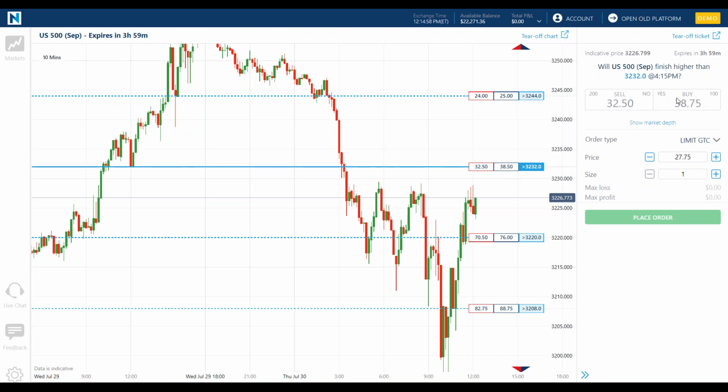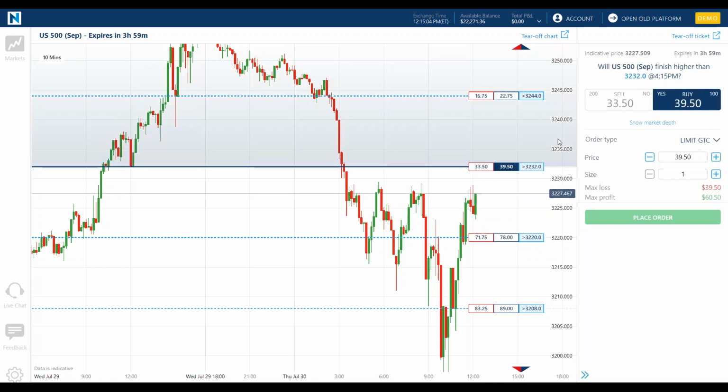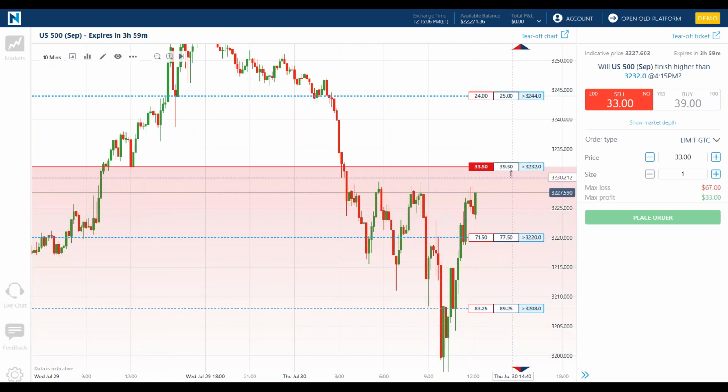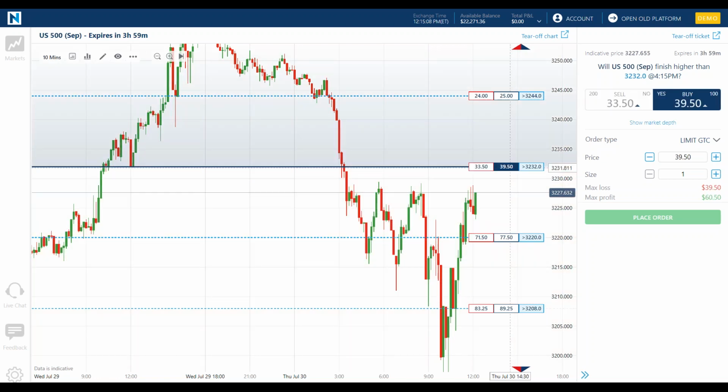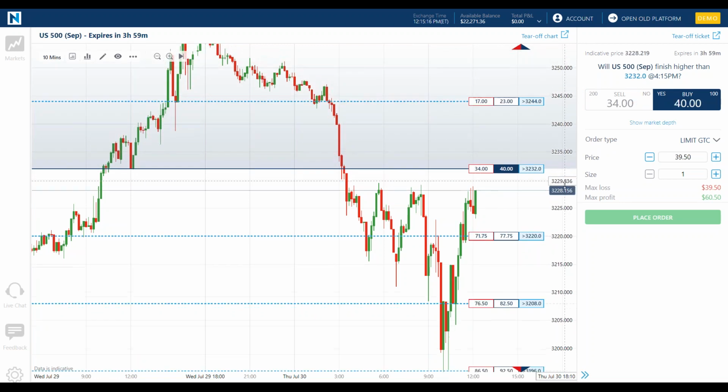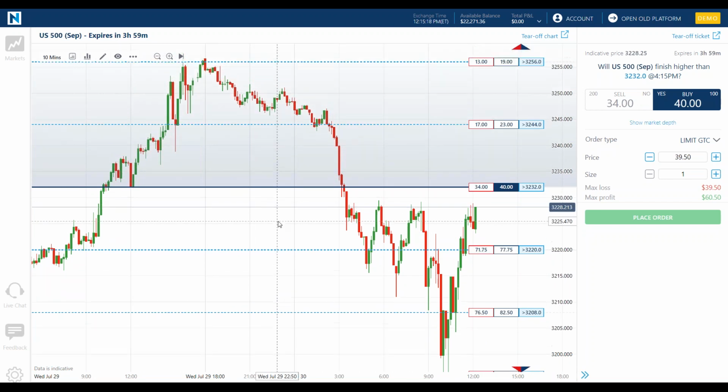If I thought yes, it's going to be higher, I can either click buy here, or let's say I click sell, I could even click buy here on the chart itself. So I can click buy or sell. Notice when I do that, the chart shades and tells me where the S&P would have to finish for this to be true.